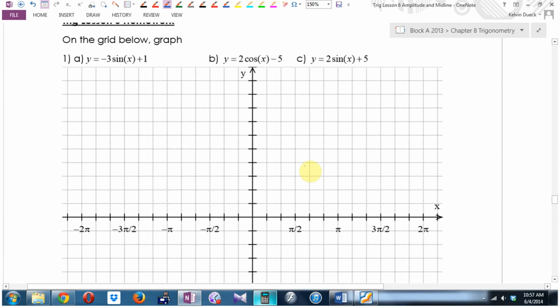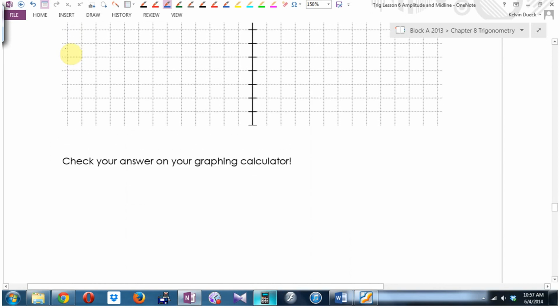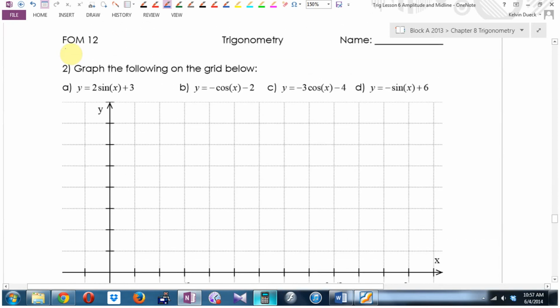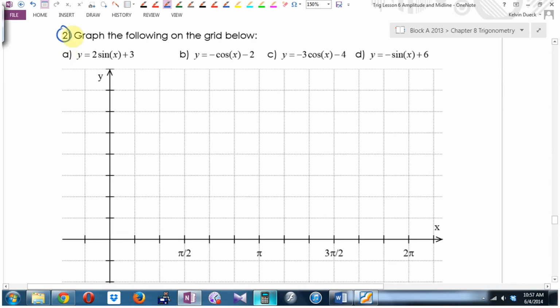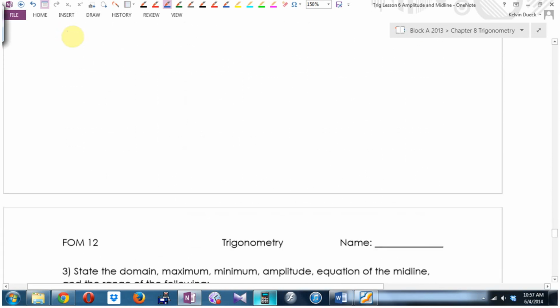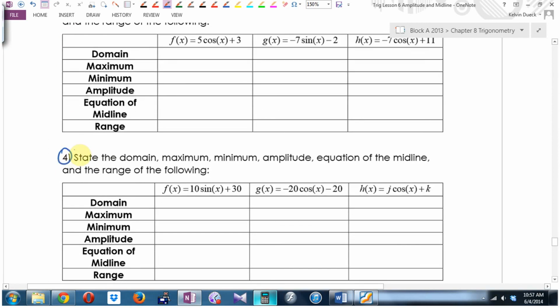What's your homework? Try number 1. Check your answer on your graphing calculators. Number 2, check your answer on the graphing calculators. 3 is good. 4 is good.